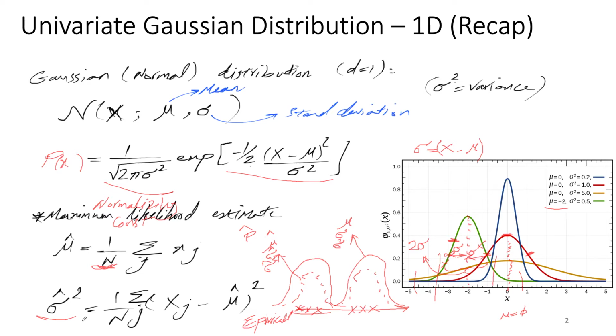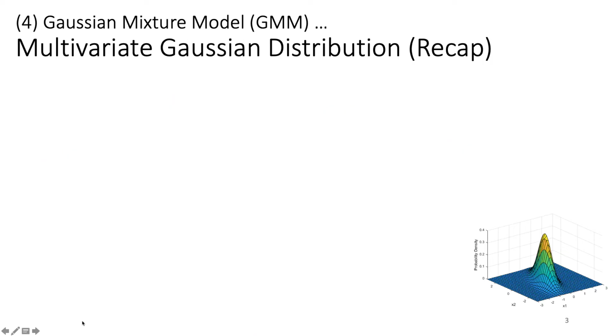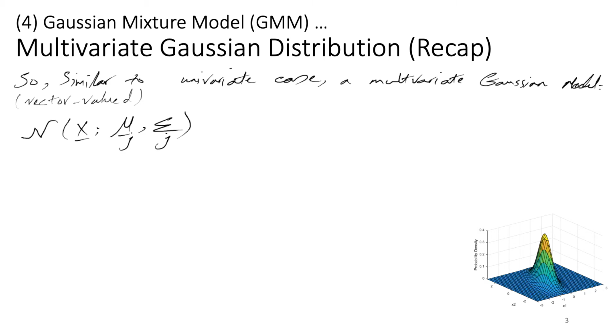All right, so that was a one-dimensional case with the scalar values. We can expand this easily to a multivariate Gaussian distribution in a vector value space. That's why we have those x's in vector format. When you have multiple of those in higher dimensional space, we can have mu in vector space as well.